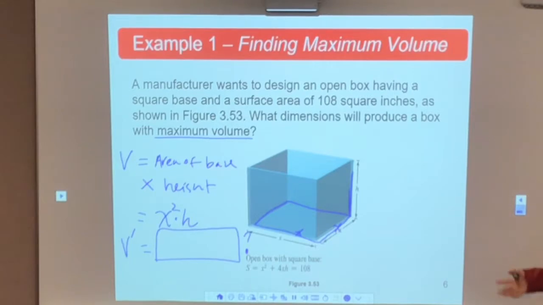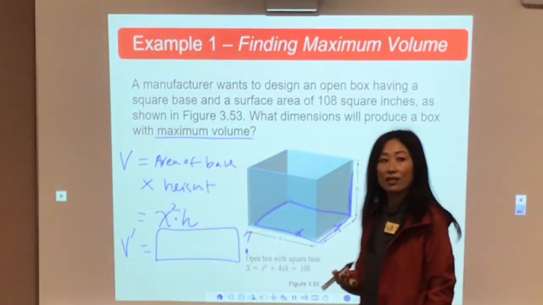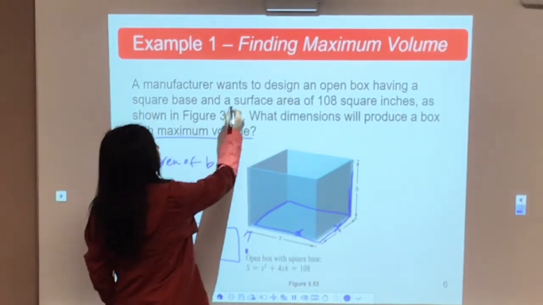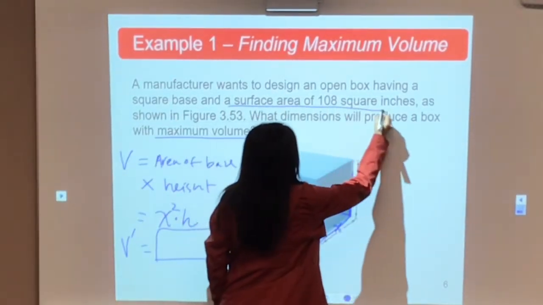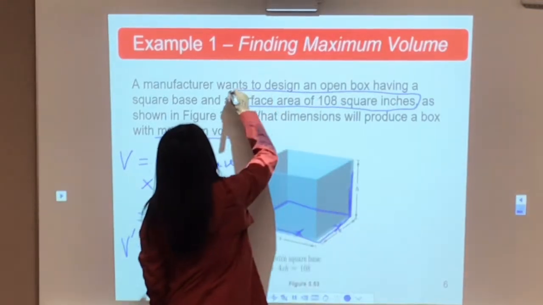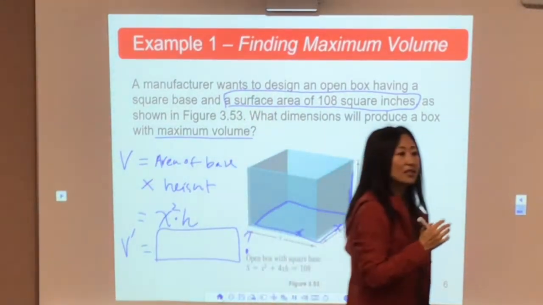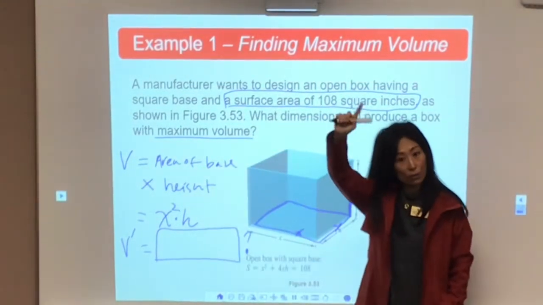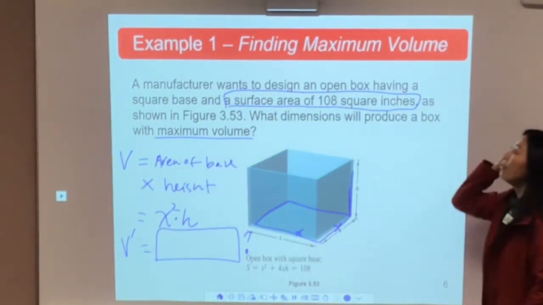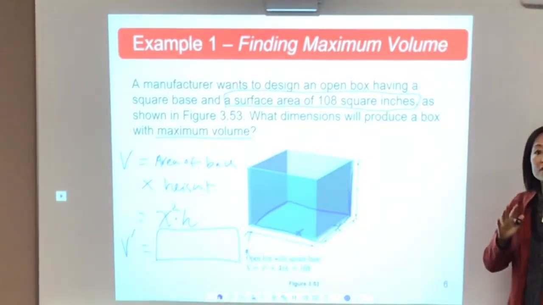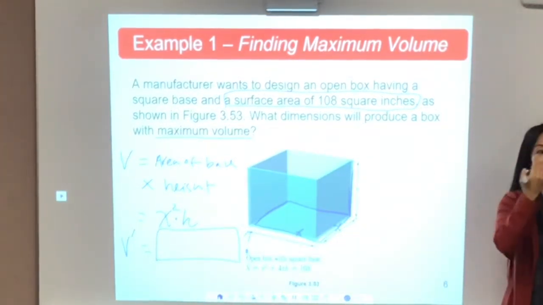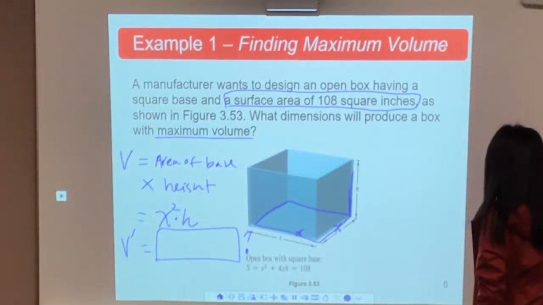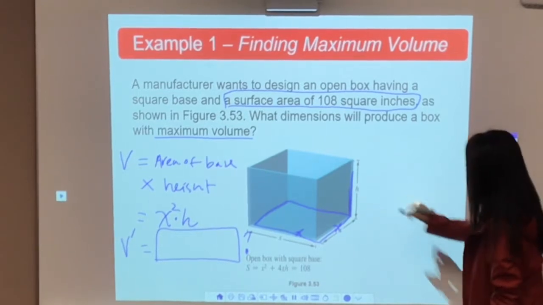All right, so next we've got to use the other information that was given. It says the surface area is 108 square inches. That's the information you're going to use to make this equation into one variable. Surface area means you're only looking at the outside. I don't care about the inside.